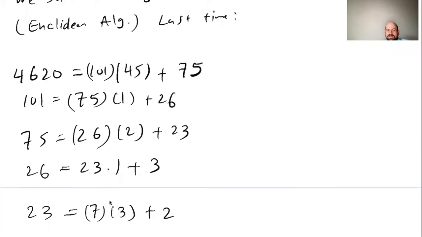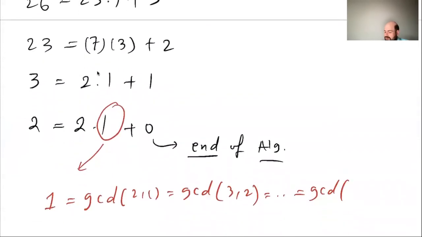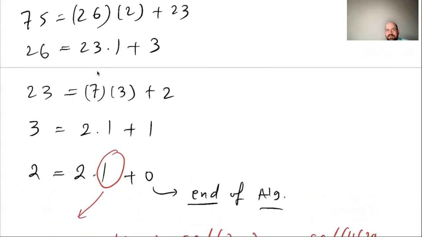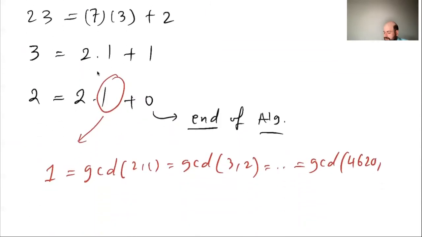You go step back and then back and then back and then back and then back, and then we get these two, which is 4,620 and 101. So the GCD is 1.